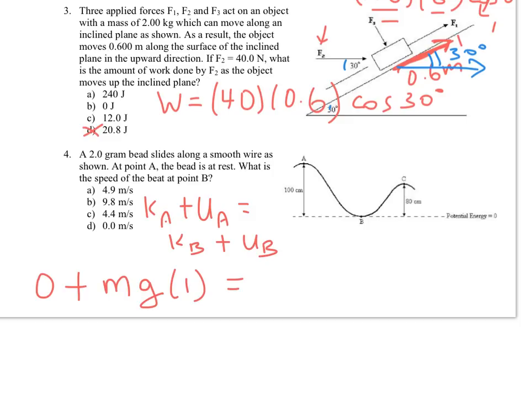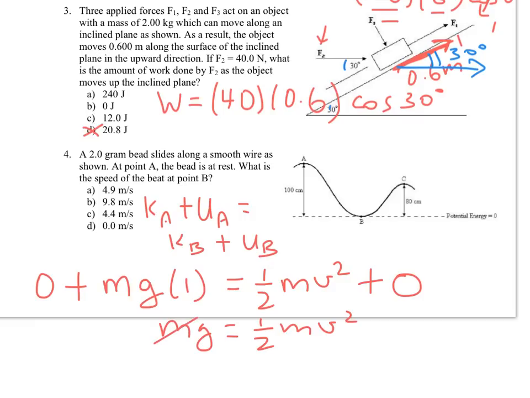This must be equal to the kinetic energy at B, 1/2 m v squared, plus the potential energy at B, which is 0. Now, what that means is you have mg times 1 is equal to 1/2 m v squared.